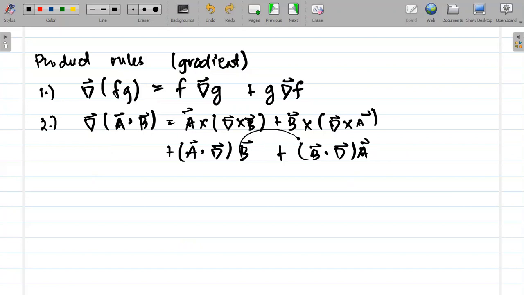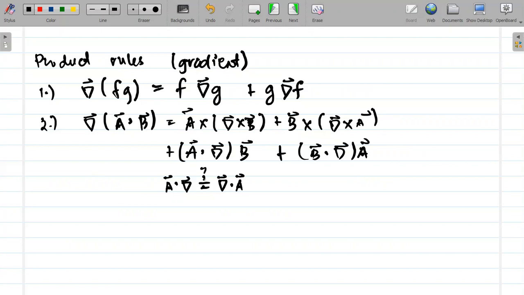So, ito yon. Class, may napapansin ba kayong weird na quantities dito sa right-hand side natin? Ito, A dot del. Ano yan? Is A dot del equal to del dot A?